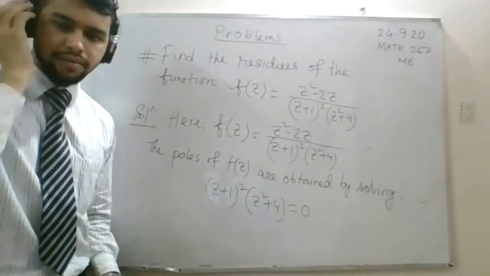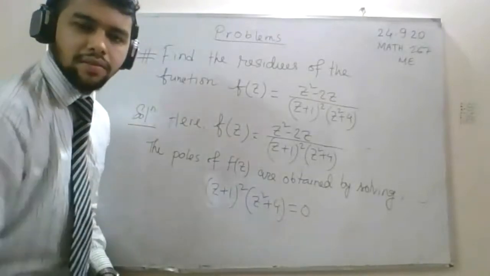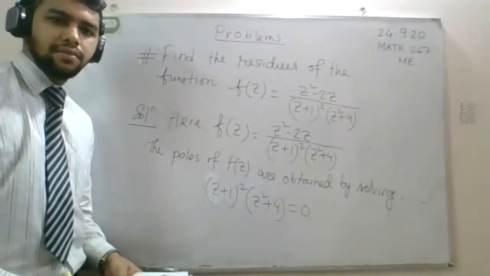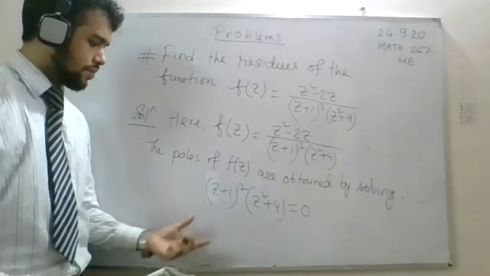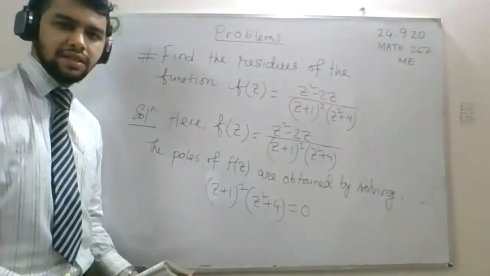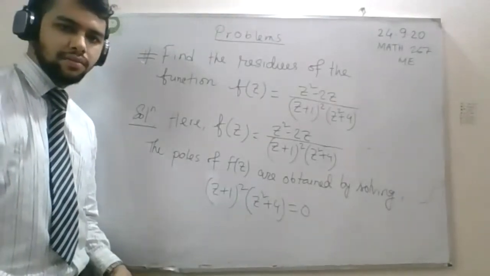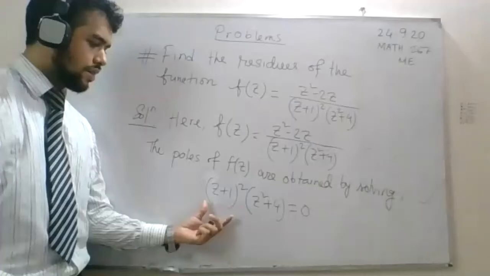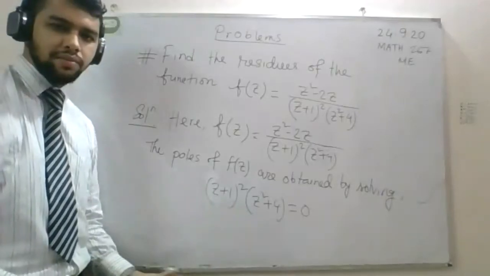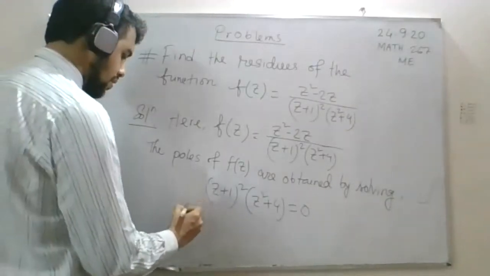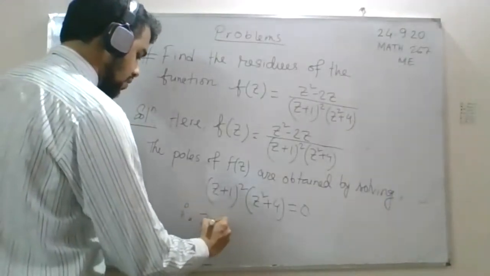So tell me, what is the value of z here? Here (z + 1)². That means you can write the values of z.